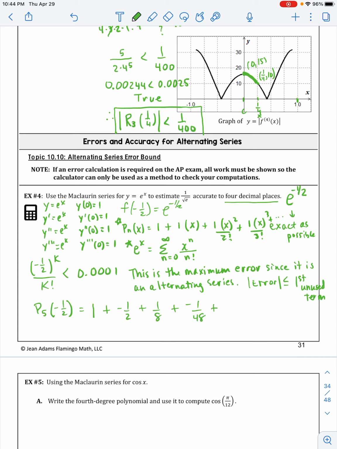I get negative 1/8 divided by 6, so negative 1/48. The next one would have been positive 1/16 divided by 4 factorial. So I'm just going to write it like that. So 1, 2, 3, 4, 5. That's 5 places.